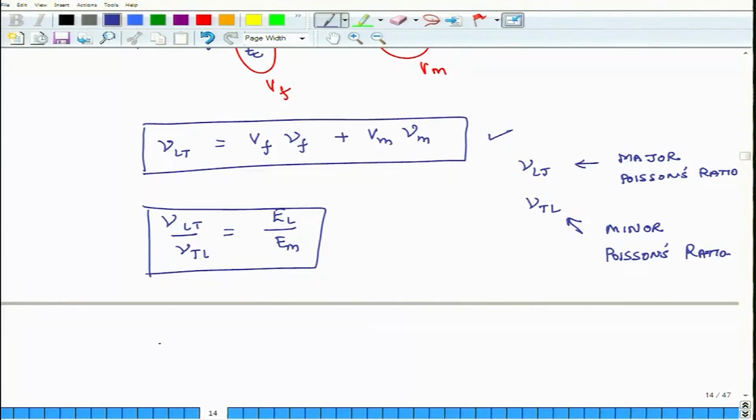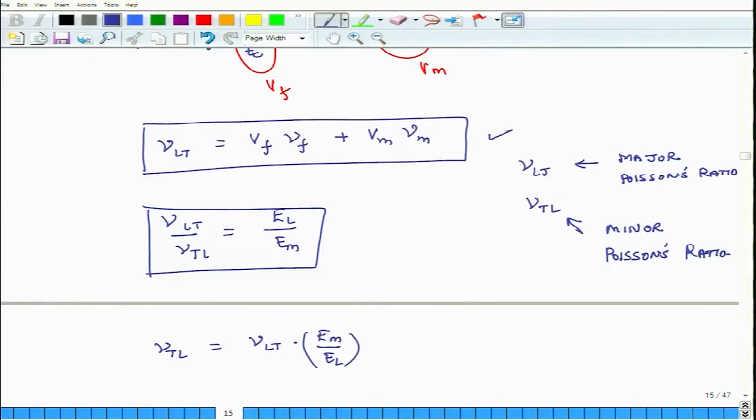Or you can say that nu TL equals nu LT times EM over EL. So, the point I am trying to make is that whatever is the value of nu LT, the value of nu TL is significantly lesser than nu LT, because EM over EL is very small, it is less than 1, and that is why nu TL is known as minor Poisson's ratio.